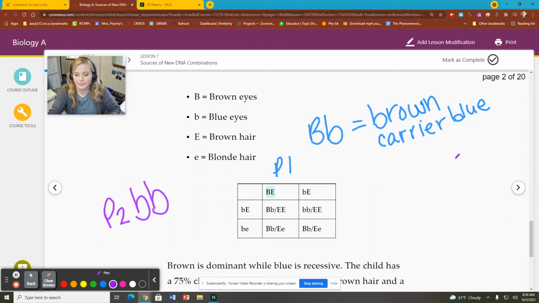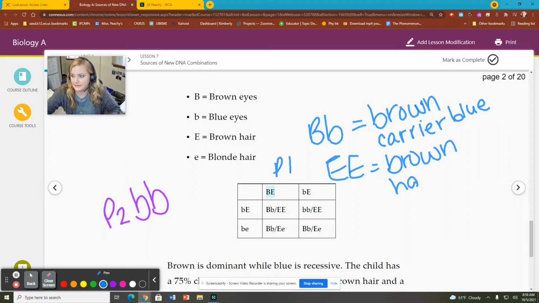And then parent number 1 up here has, it looks like, brown hair, big E, and they are homozygous for that. Homozygous means you carry two of the same allele.